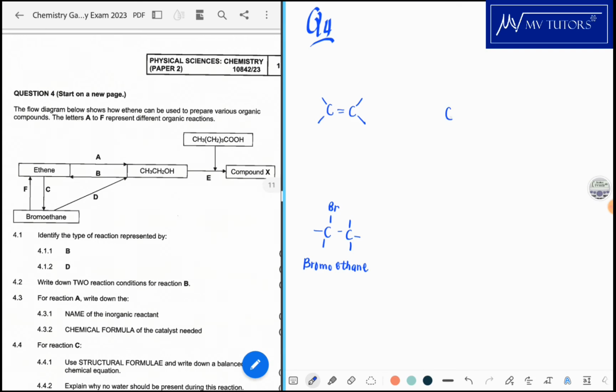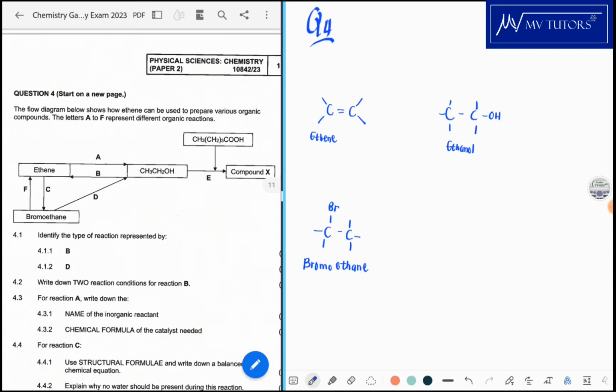All right, so we have OH over there, and let me just write it down. This is ethene, this is ethanol, and then we have with us compound X. All right, but before we get to compound X, I see we have a carboxylic acid.